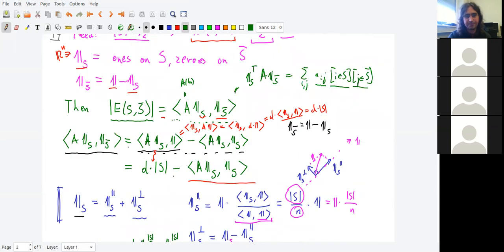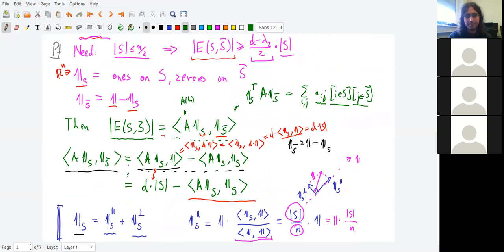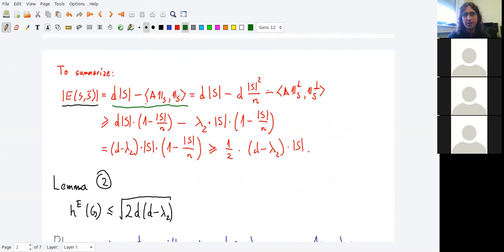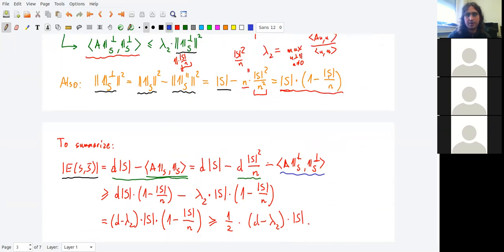Then we rewrote this scalar product using the parallel part and the perpendicular part. The parallel part ended up with this kind of term, and the perpendicular part is still hanging there. Then we argued that this remaining perpendicular part, this sort of error term, can be bounded in this way using the norm of the perpendicular part and the second eigenvalue.